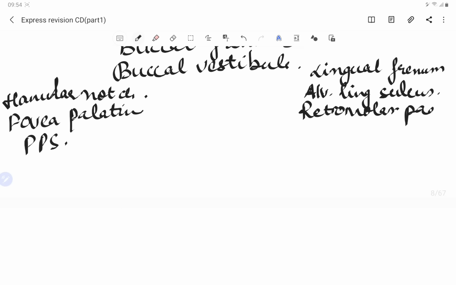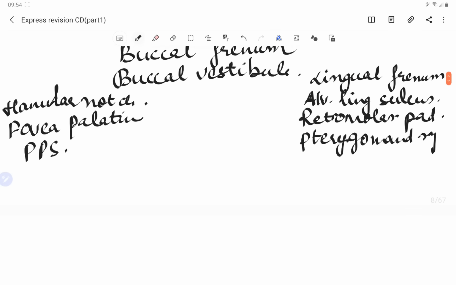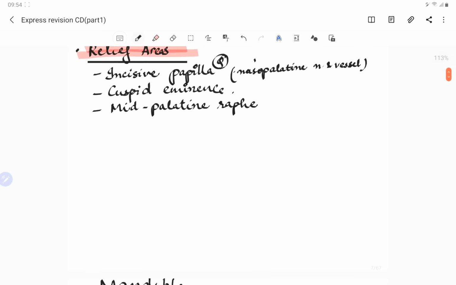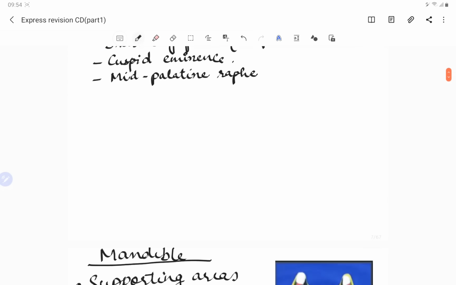And the pterygomandibular raphe. Again, pterygomandibular raphe is also a limiting structure, don't get confused. Now, there is one more question which is frequently asked, which is the number of frenum present in maxilla. So, now we are going to write the number of frenum.